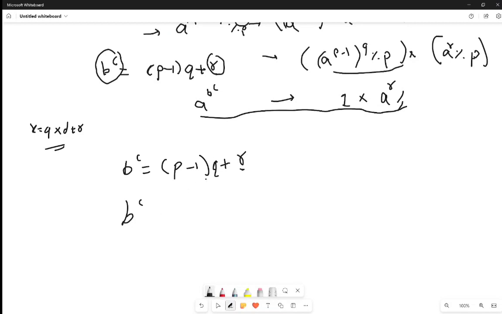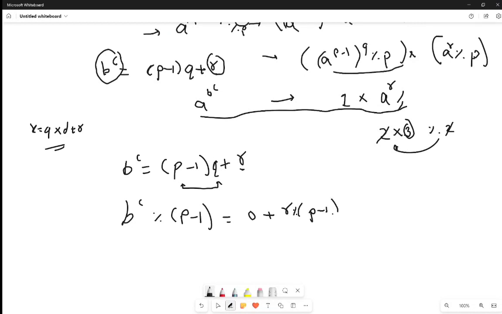So if we take modulo p minus 1, this term has a factor of p minus 1, so it will eventually give you 0. Why so? Because let us say we have 2 into 3 and we are taking modulo 2, it will cancel this, and the remainder will always be 0 because it divides the number. So now this will be r modulo p minus 1, and p minus 1 is still greater than r, so it will be r.